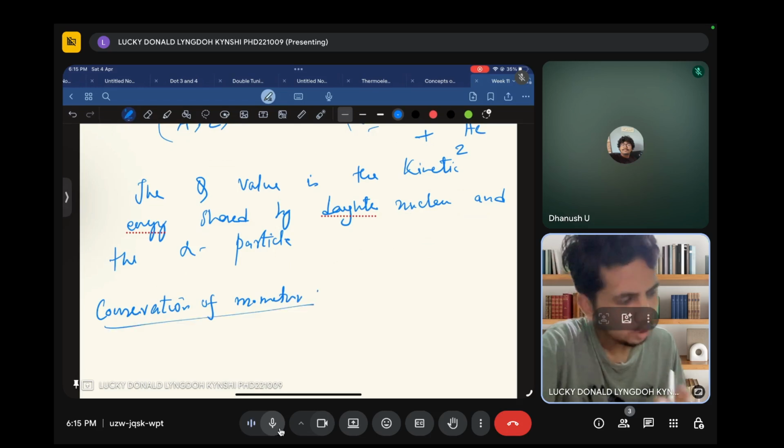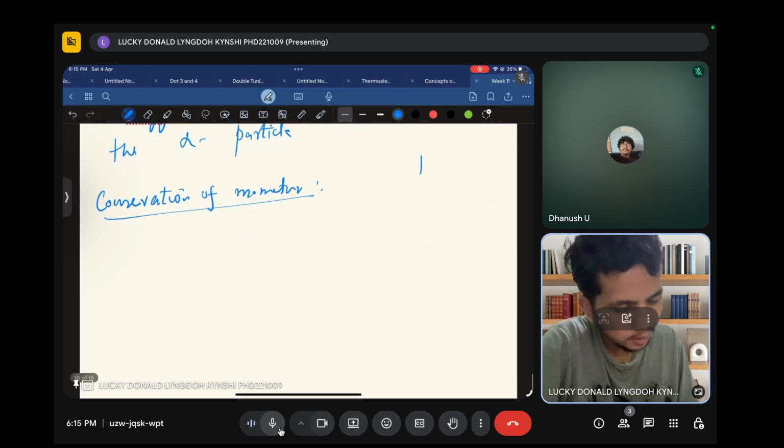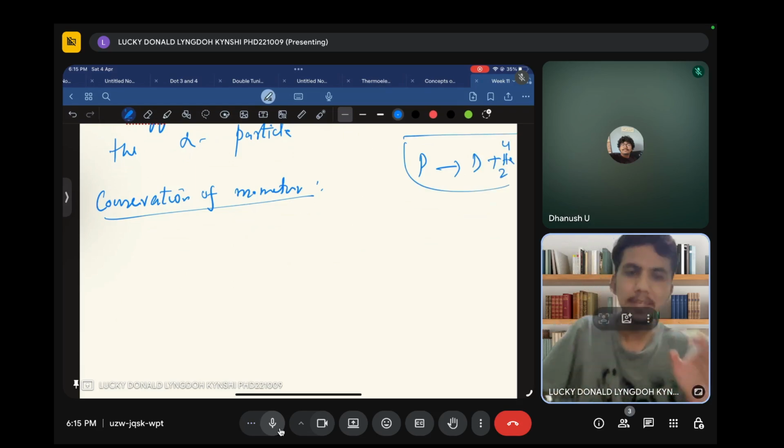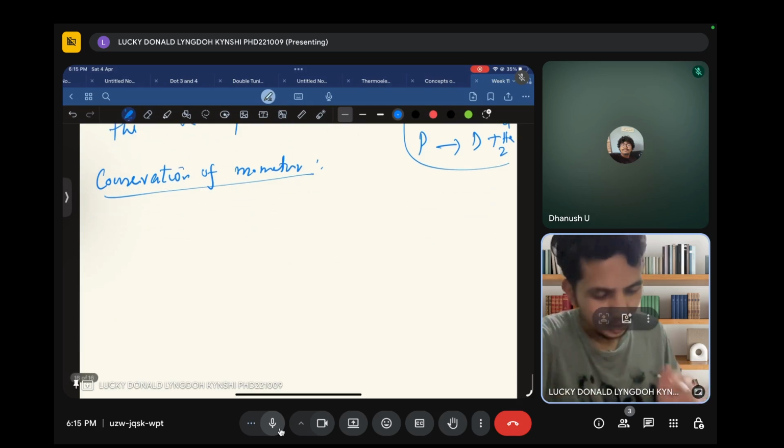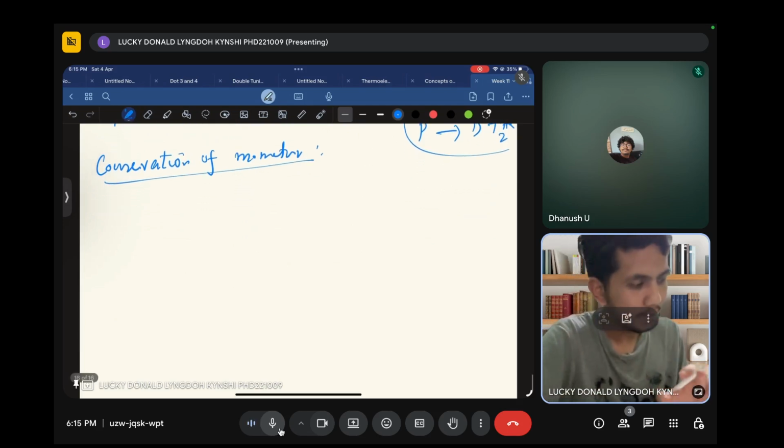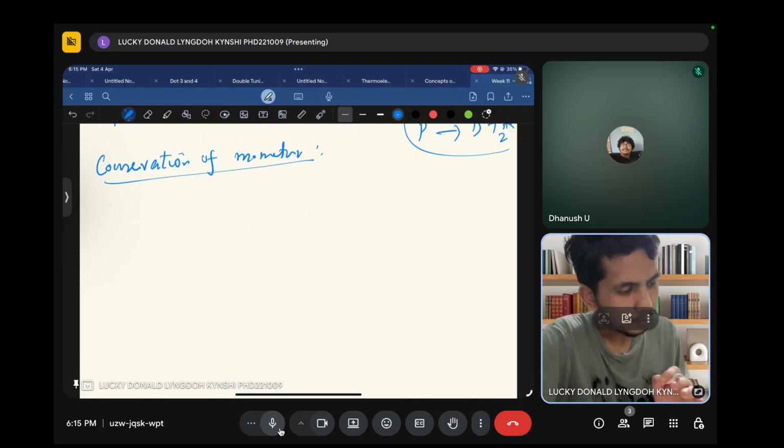Okay, so what is the conservation of momentum? Assuming that your parent nucleus is at rest. So remember that is a parent nucleus, I can write as P, and you also have a daughter nucleus plus alpha particle. Okay, in simple words, you have a parent nucleus, it disintegrates into a daughter nucleus plus the He24. Now assuming that your parent nucleus is at rest, so what will happen?